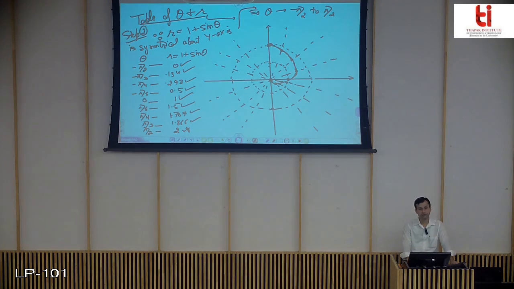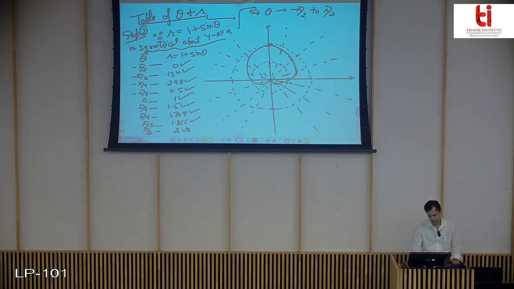Now let us complete the other half of this polar curve using symmetry. Since the curve is symmetrical about the y-axis, whatever we get on the right hand side of the y-axis must have a mirror image on the left hand side. So this curve on the lower side of the x-axis will be replicated as a mirror image, and the upper half will go like this.